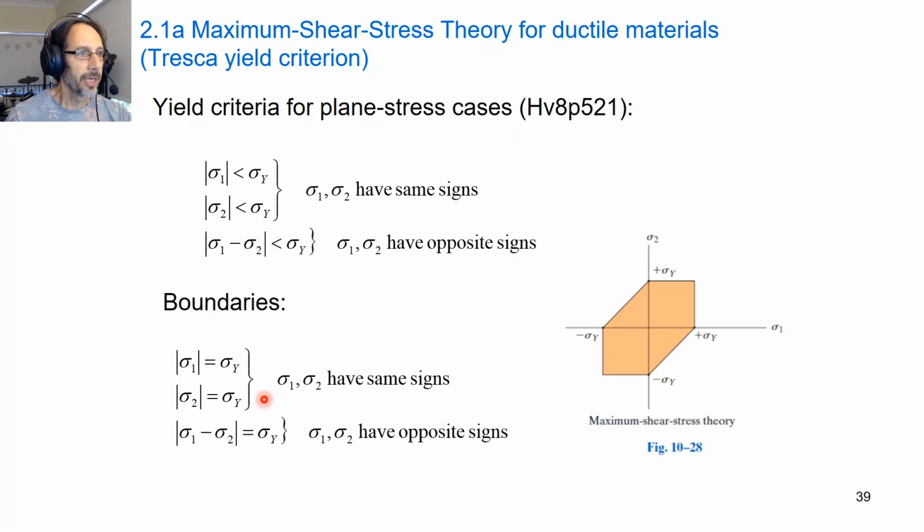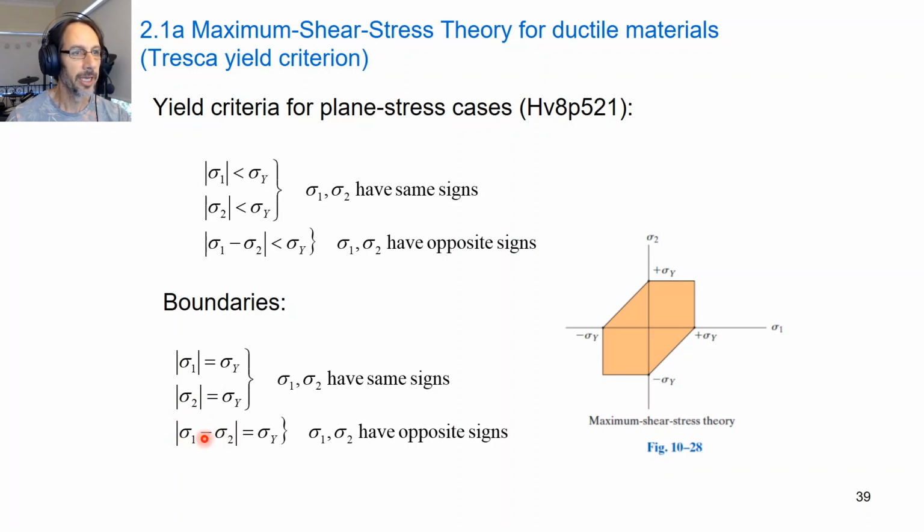And at the boundaries, okay, so this is our criteria. If we're less than the yield stress, then we're safe. We haven't yielded yet. If we're at the boundary, so stress 1 is equal to the yield stress, when the principal stresses have the same signs, then we get yield. Okay, so this is the simplified case that you had in mech solids, for example.